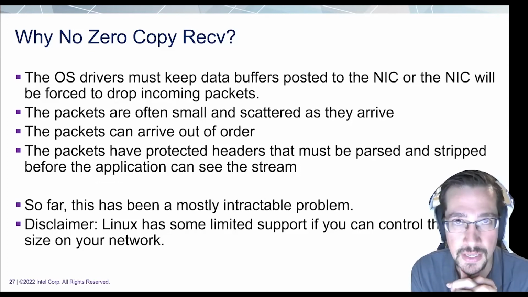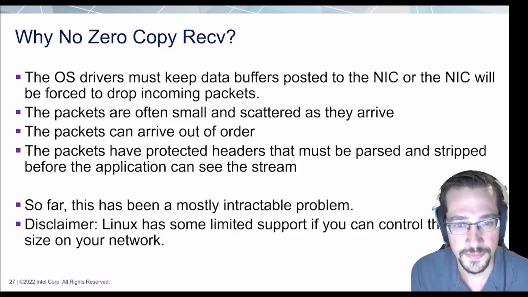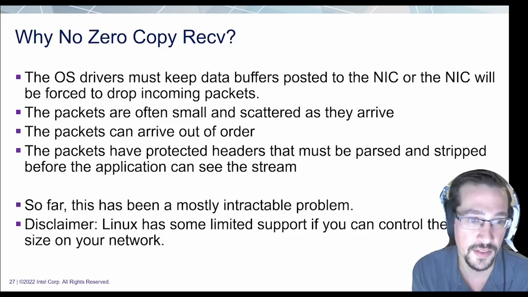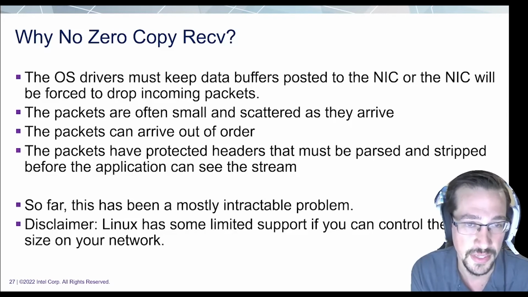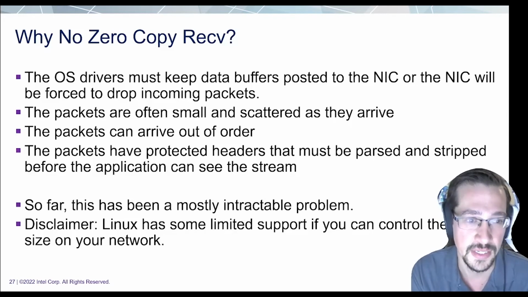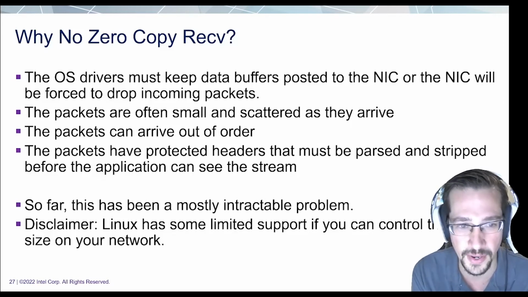And so you can't just DMA to the user buffer because, one, it may not have been posted, like the user may not be actively trying to do a receive. Two, the packets may not be in the right order, and you have to hold them somewhere.